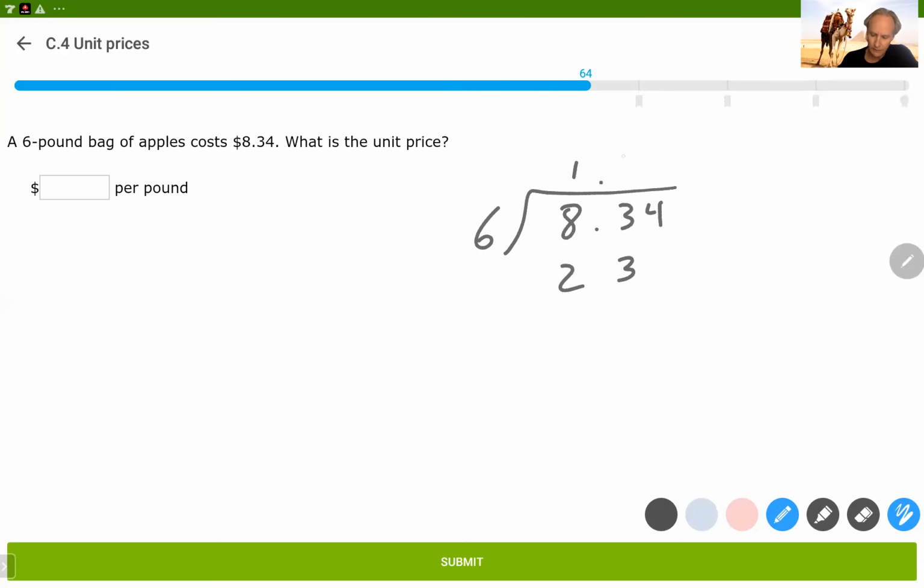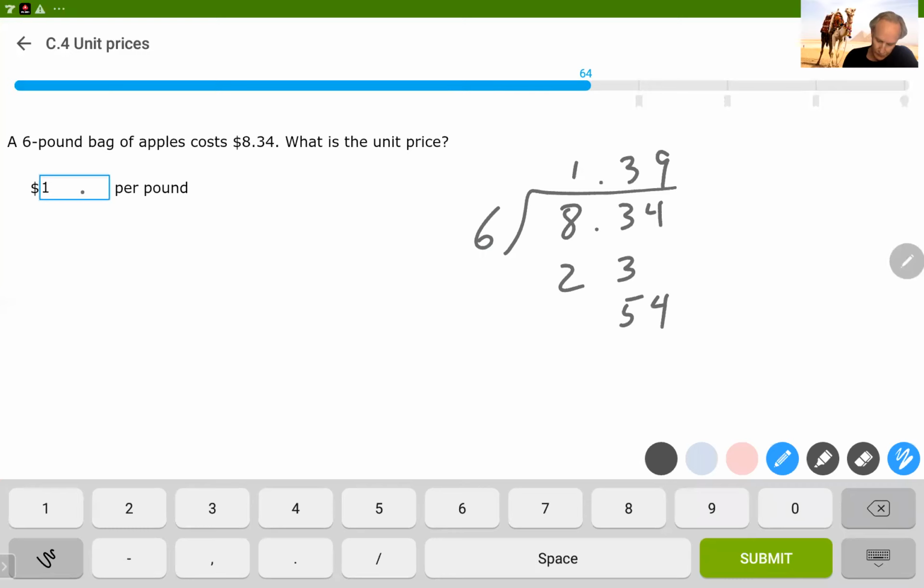So 6 goes into 23 3 times, and 18 when you subtract it is 5. And 6 goes into 54 9 times. You'll notice it looks a little neater. It's a little harder to follow the work, but basically I'm not writing the subtraction. I'm just multiplying and then subtracting in my head. Seems to work a little better for some people. That is $1.39 per pound.